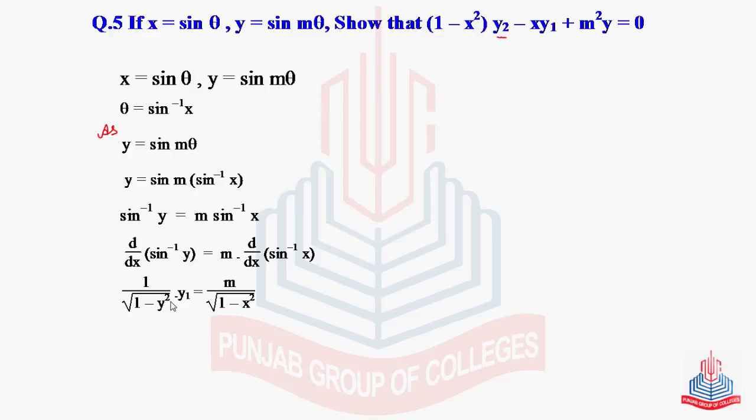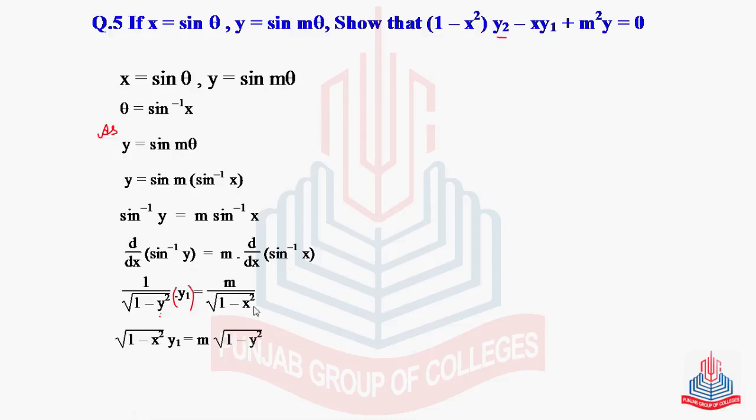So the derivative of sine inverse y is 1 over under root 1 minus y square, times the derivative of y, which is y1. On the right hand side, m is a constant term, and the derivative of sine inverse x is simply 1 over under root 1 minus x square.